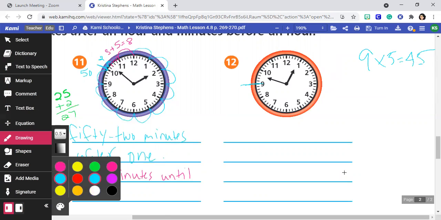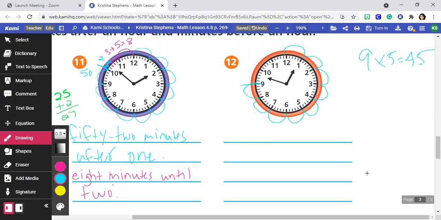You could always double check that and skip count. 5, 10, 15, 20, 25, 30, 35, 40, 45. Check, we're good. Now I need to zoom in. If I was using a pencil and paper, I would very likely hold up a piece of paper to this arrow to be able to see what it was pointing at. But I can see that it's pointing right about to that guy right there.